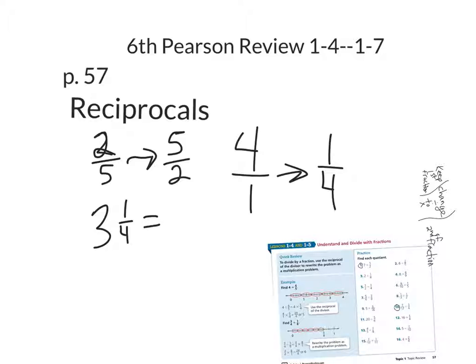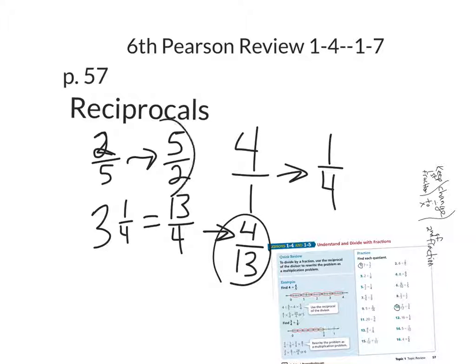Writing it as an improper fraction, I could say equals, because these are equal. 3 times 4 is 12, plus 1 is 13/4. So 3 1/4 is equal to 13/4. I'm not done yet, though. I still have to find the reciprocal. Reciprocal would be 4/13. Okay, so that's how we find reciprocals, first of all.